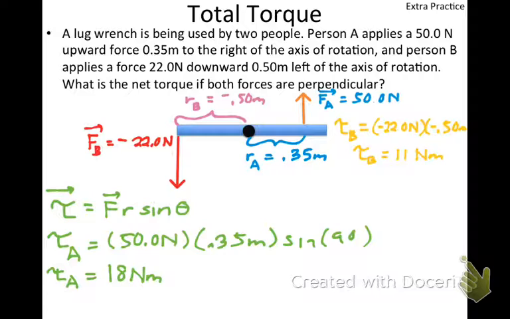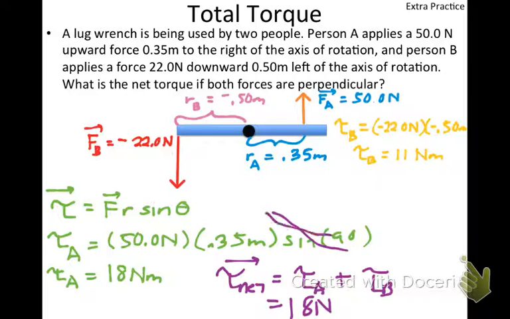The last step for us here is to find the total torque. The net torque is basically just taking the torque exerted by person A plus the torque exerted by person B. It's going to be as simple as 18 newton meters plus 11 newton meters.